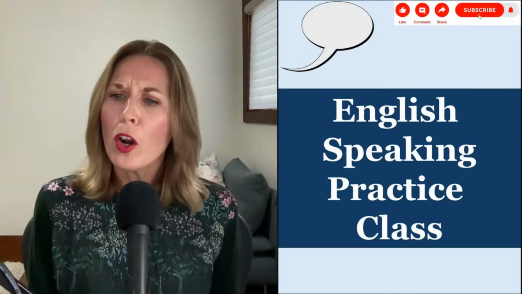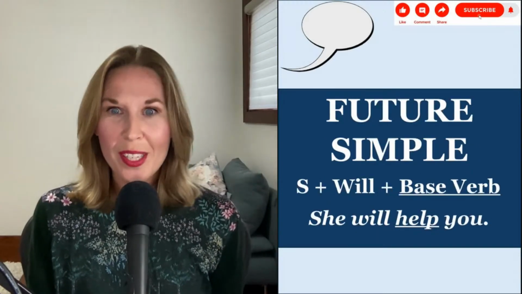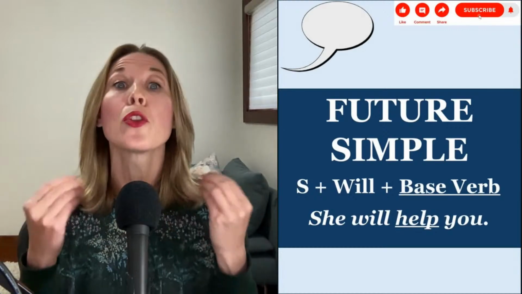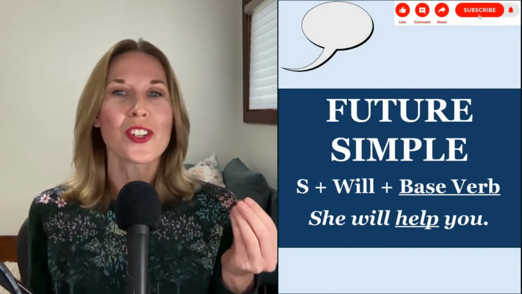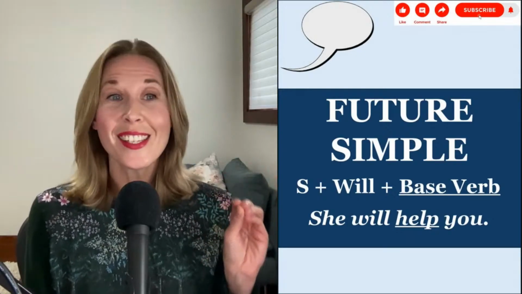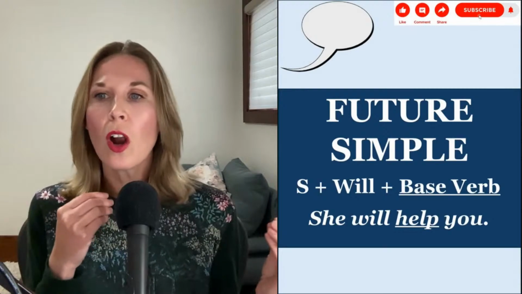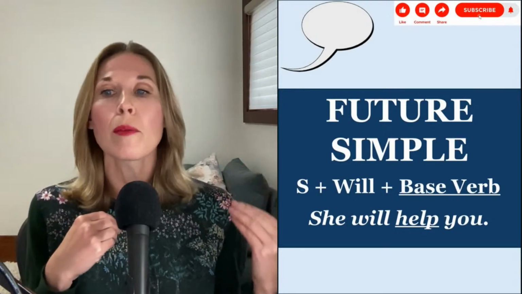Let's see. What are we going to speak about today? Well, we're going to start speaking in the future simple. Now, the future simple is a very simple verb tense to conjugate because there are no differences with the subjects.